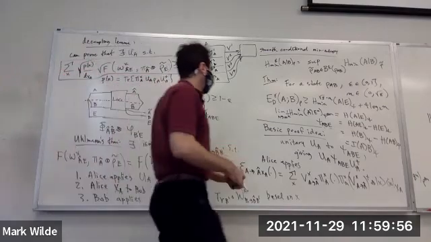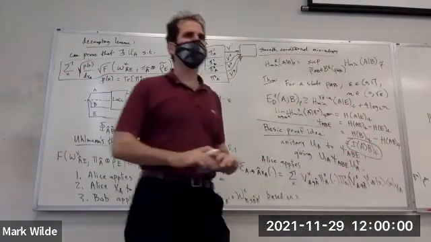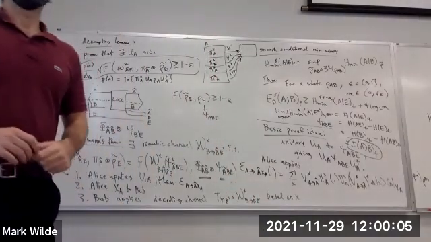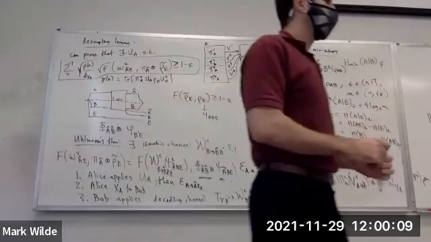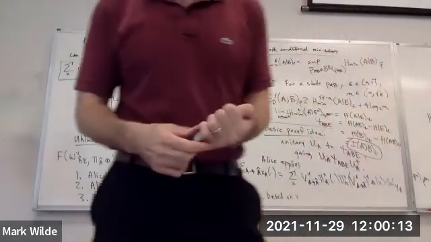So anyway, the whole time we were assuming that this was non-negative, so that you could actually do entanglement distillation. All right, so that's all. Unless there are any questions about what we talked about.